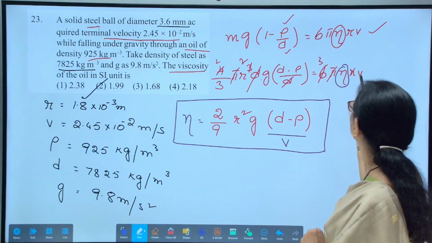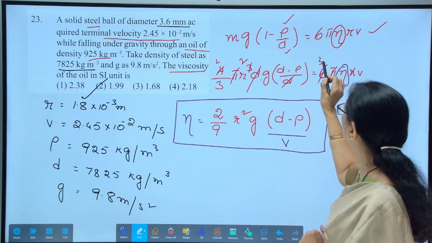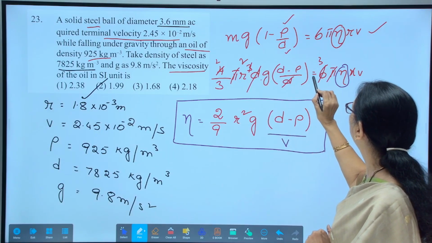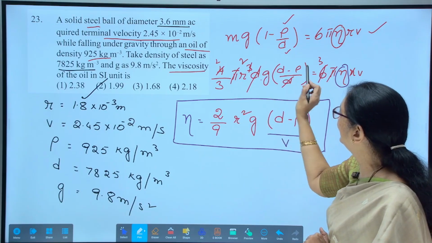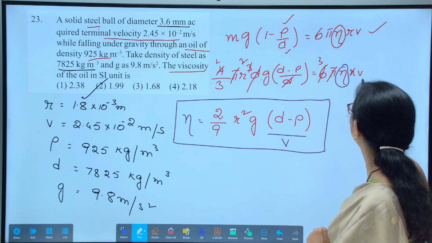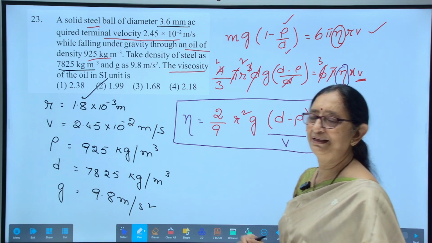We want to find eta. So eta is equal to 2 by 9 r square g (d minus rho), and you bring v to this side, so it becomes divided by v.